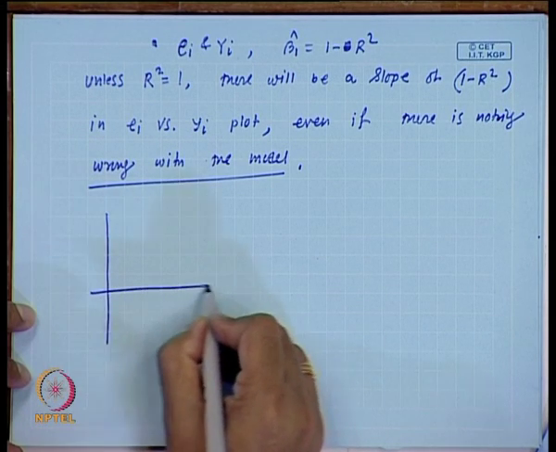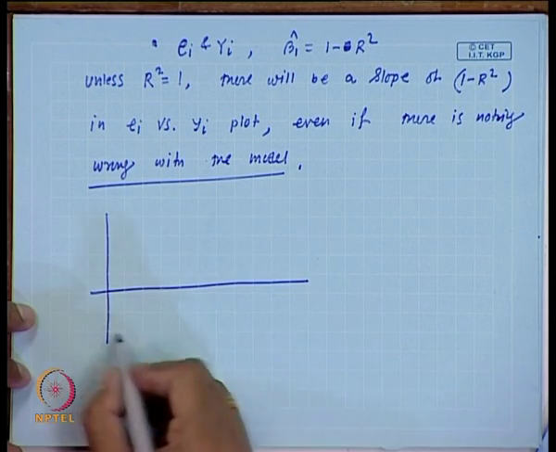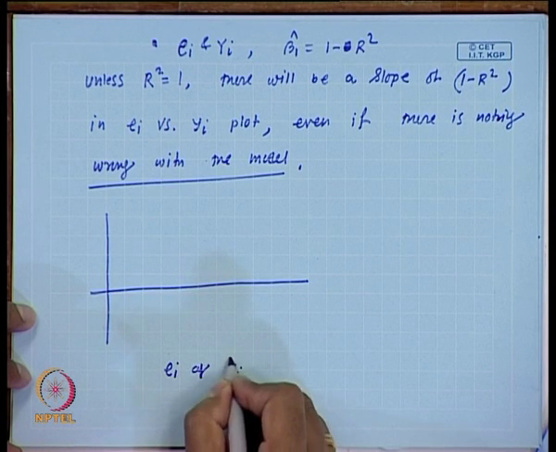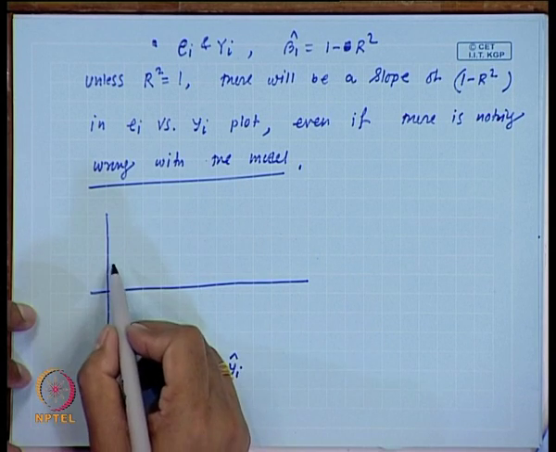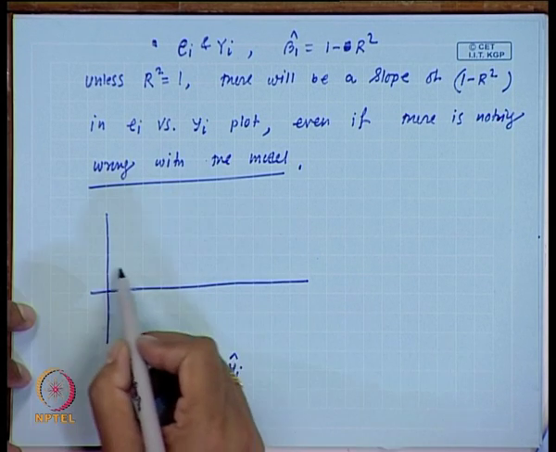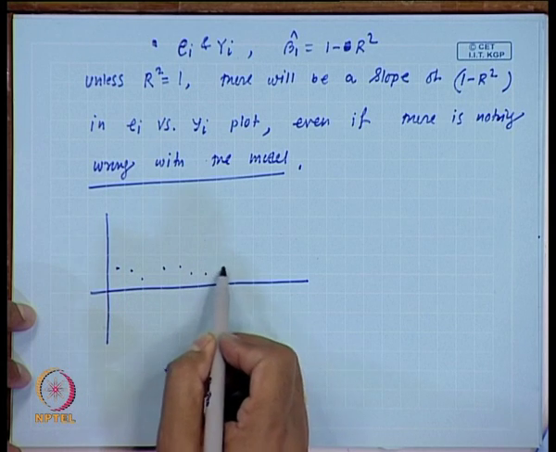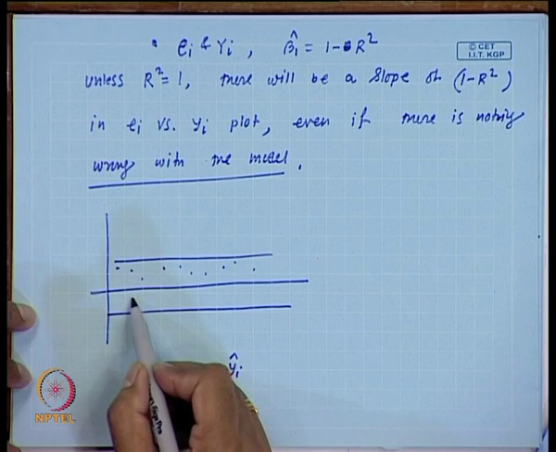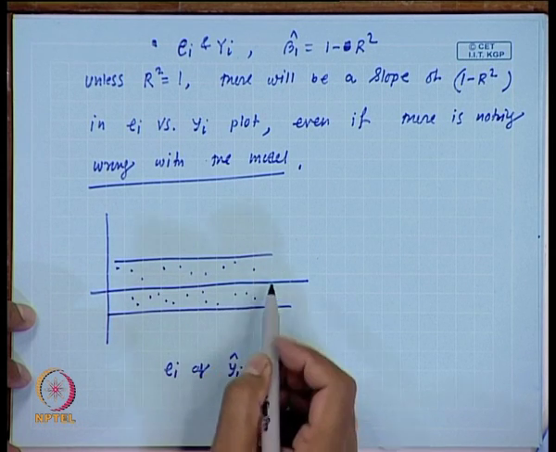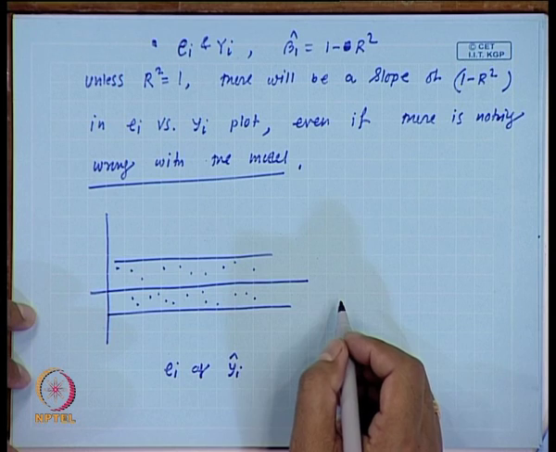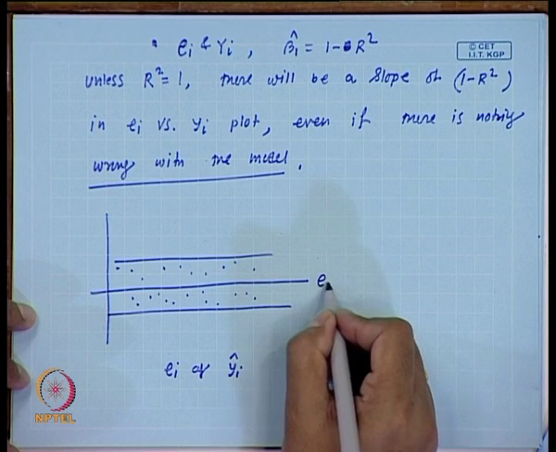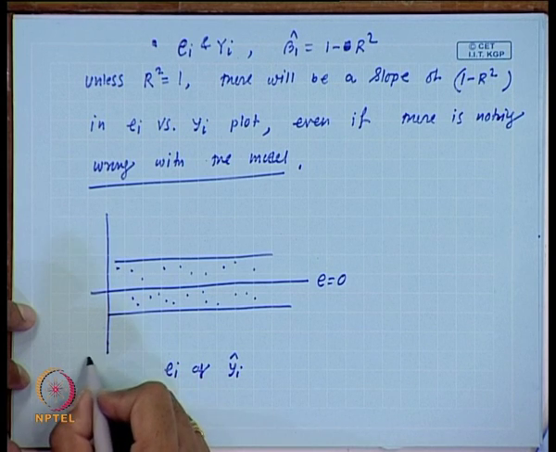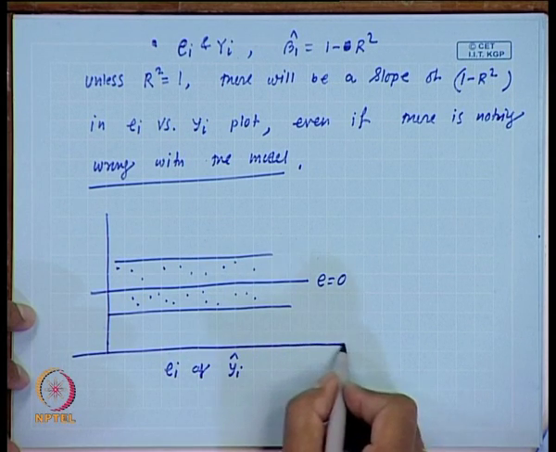If you can recall, in the E I against y I hat plot, I said that if all the residuals are contained in a horizontal band centered around E equal to 0, then the corresponding fitted model is perfect.